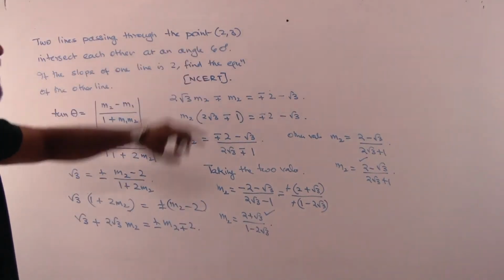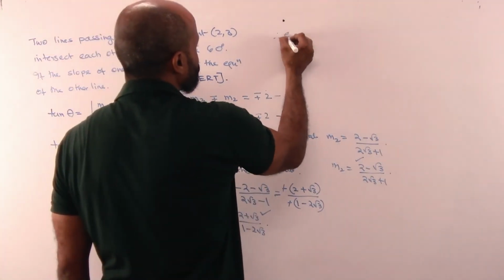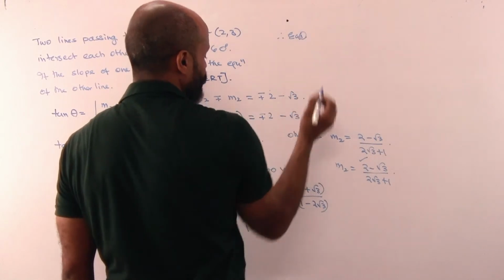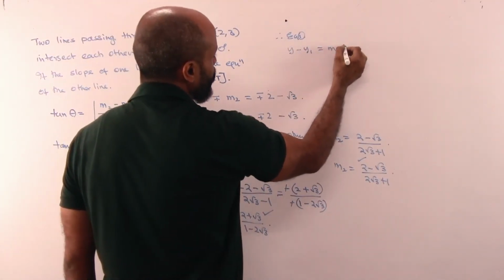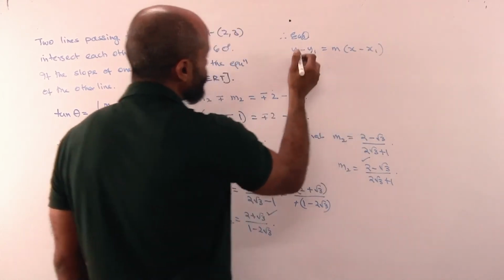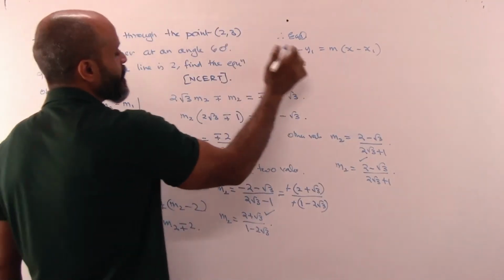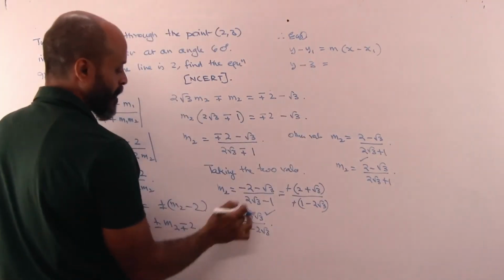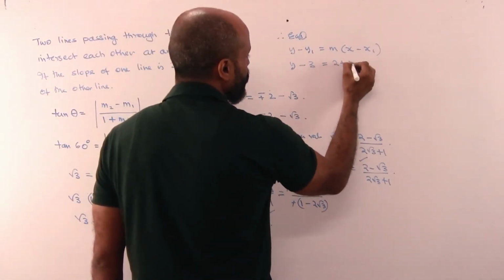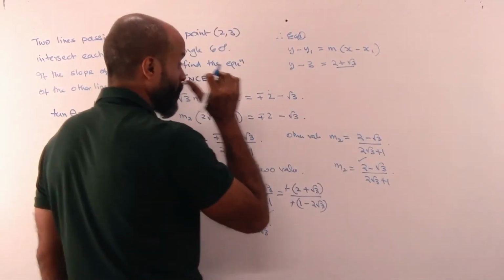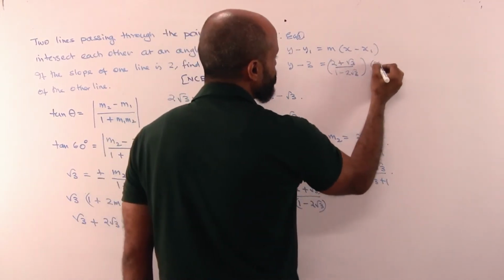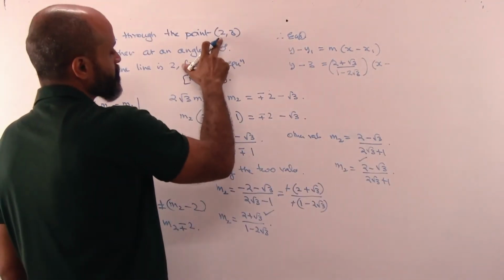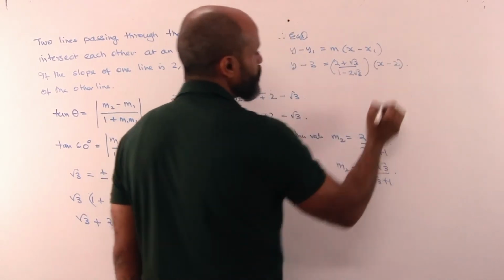We are aware of one point on the line. So equation 1, when we take this value, y minus y1 is equal to m into x minus x1. So y minus y1 is 3, m is how much? 2 plus under root 3 upon 1 minus 2 under root 3 into x minus x1. x1 is how much? x1 is 2.